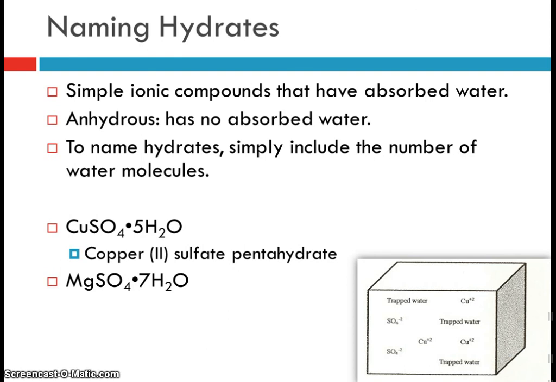Now, the MgSO4. Mg is magnesium, SO4 is sulfate. So we'll have magnesium sulfate, and then we have 7H2O. The 7 means hepta, so it becomes heptahydrate, and putting that all together becomes magnesium sulfate heptahydrate.